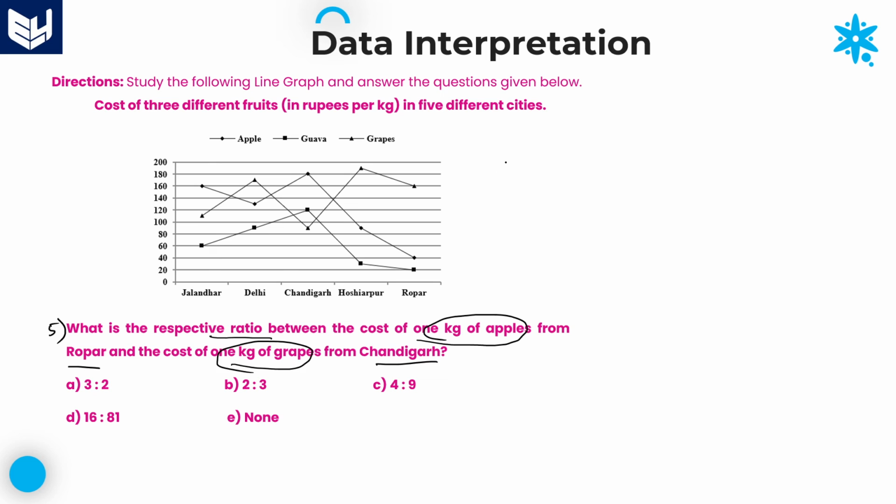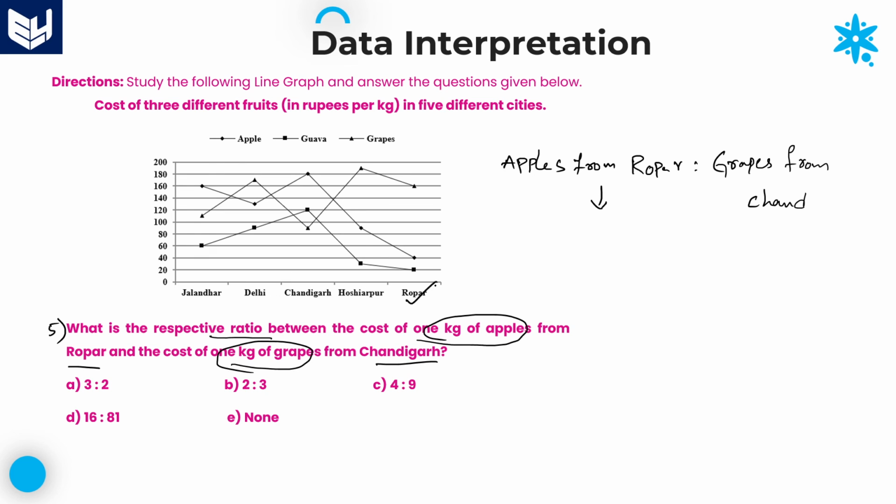Both we are taking per kg only. Apples from Ropar is to grapes from Chandigarh. The ratio of these two we need to take into consideration.